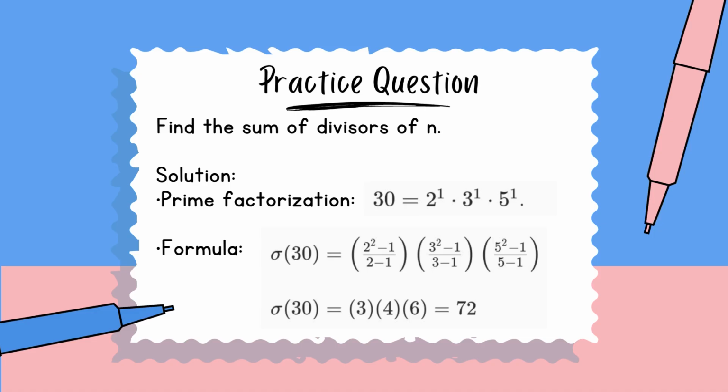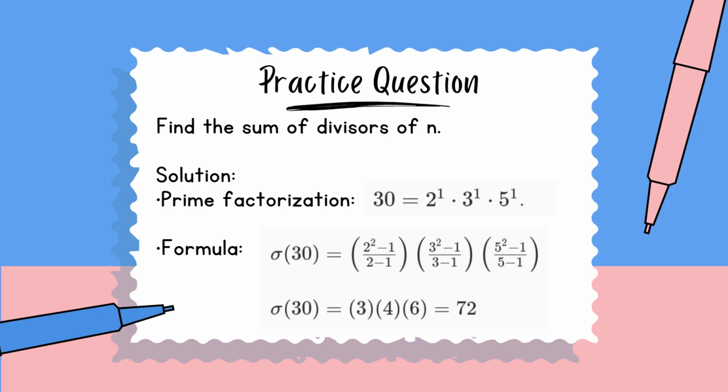Sigma of 30 is equal to 2 to the power of 1 plus 1, minus 1, over 2 minus 1, times the quantity of 3 to the power of 1 plus 1, minus 1, over 3 minus 1, times the quantity of 5 to the power of 1 plus 1, minus 1, over 5 minus 1.